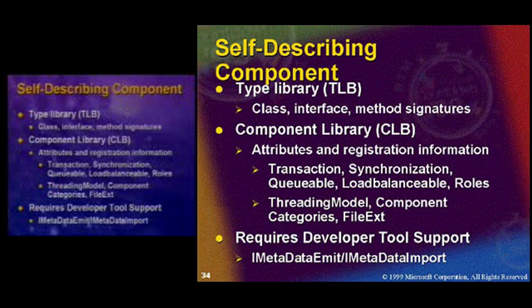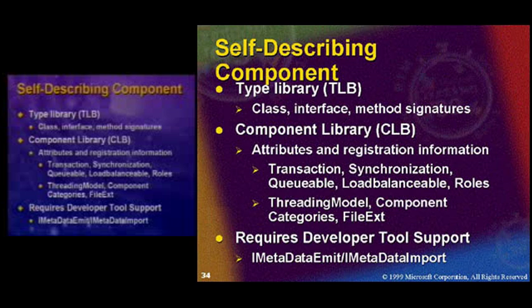A self-describing component has a type library like it does today that describes the class, the interface, and the method signatures. That's the same as we have in COM. The component library has the attribute and registry information. So things about particular services, and things like the threading model, component categories that you might implement. For real old OLE type things, we have file extension.